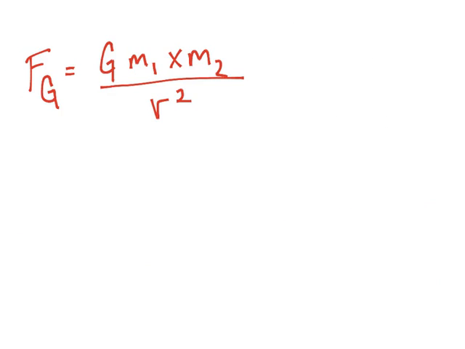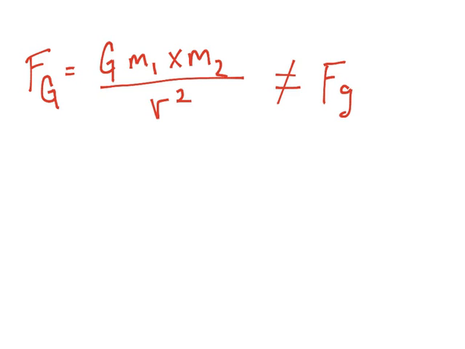Alright, so this is the full formula where the force of gravity is equal to the gravitational constant times m1 times m2 divided by the radius squared. So you'll notice this is a capital G because this is similar but not equal to little g, which is Earth's gravitation.